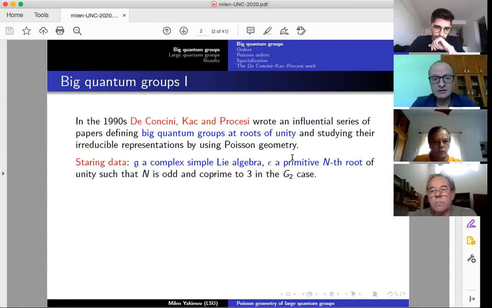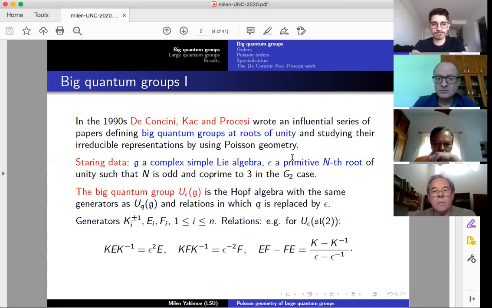So the starting data is g, any complex simple Lie algebra, and epsilon, a primitive nth root of unity, where n has to be odd and it has to be coprime to 3 in the case of G2. The big quantum group that is associated to this complex simple Lie algebra g is a quantum group which is obtained by taking the usual relations for the quantum group and just writing epsilon instead of q.